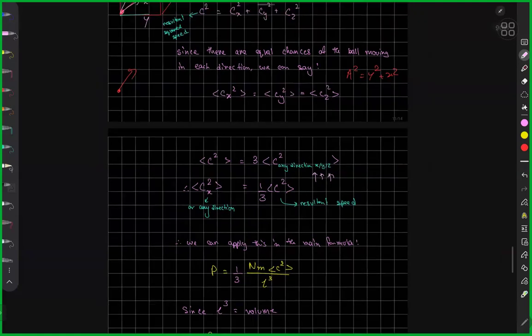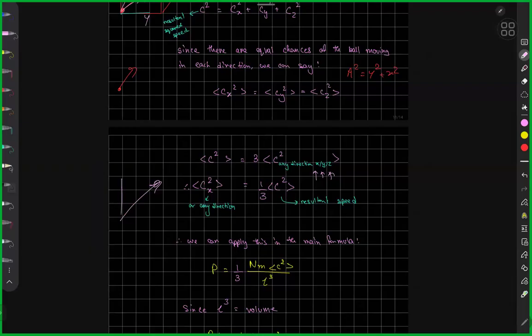Okay, so whatever the resultant speed is, if this is my resultant speed, and these are the components, x, z, and y. If this is my velocity, and I take multiple velocities, on average of the total system, the velocity in the z component is 1/3 of whatever the sum of all these magnitudes are.